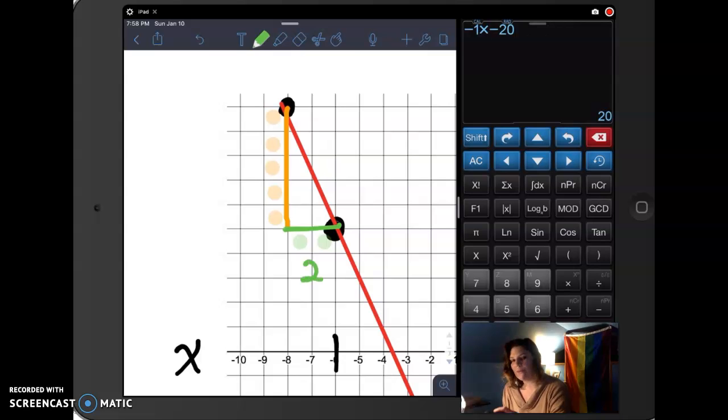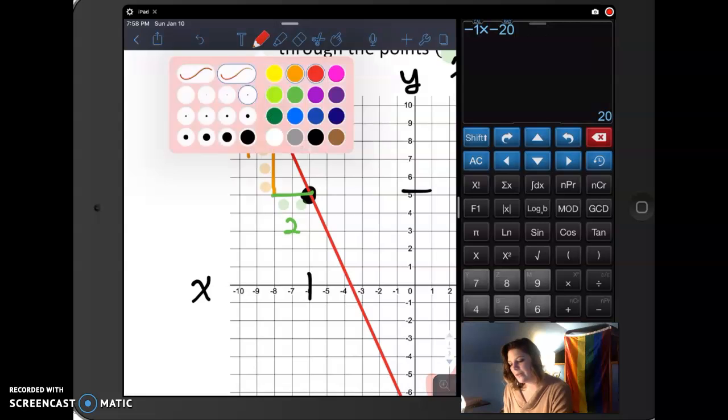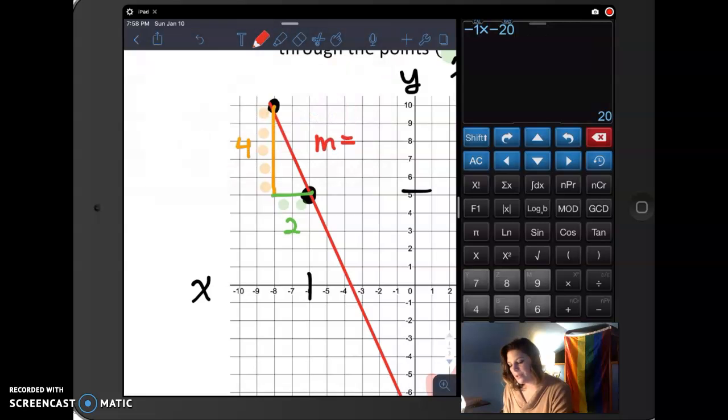Turning a corner does not count as a block, right? All right, so here we can see our slope, our m value, is going to be 4/2. And if we put a slope person on the left-hand side of the line, that slope person would be going downhill, so we want to make sure that we make that negative.